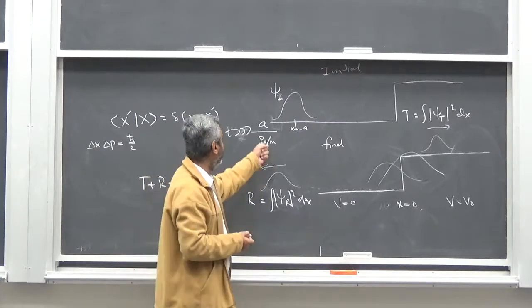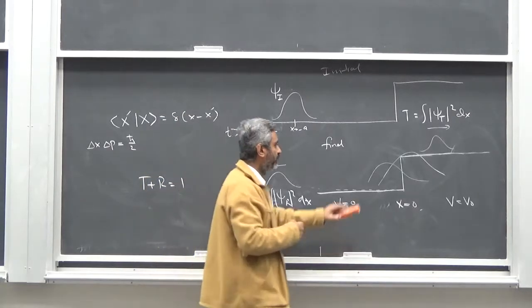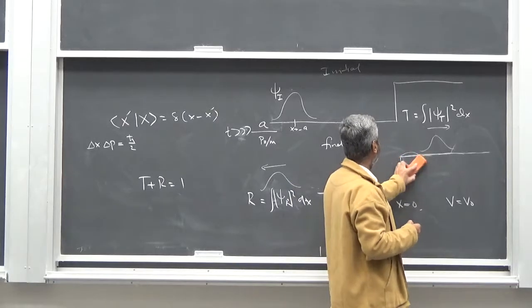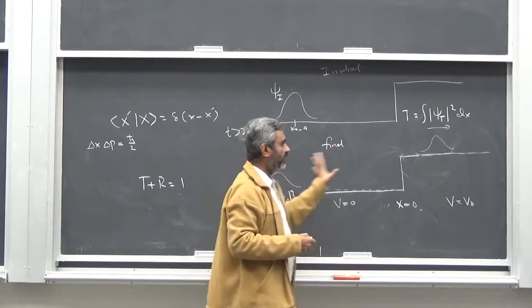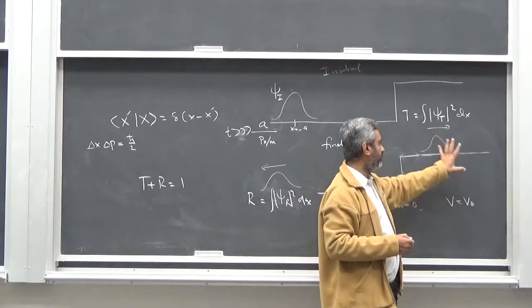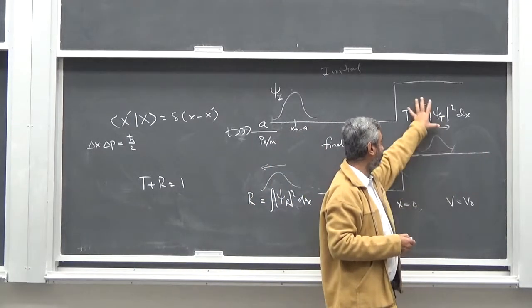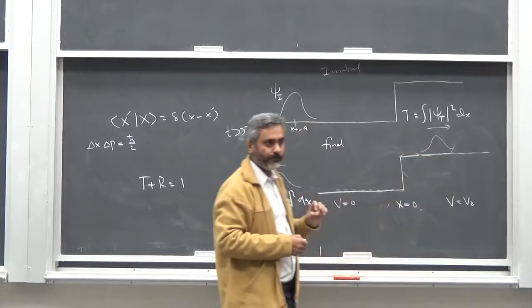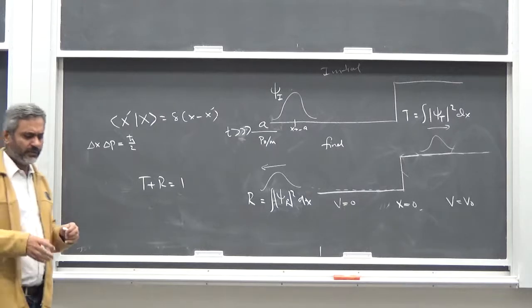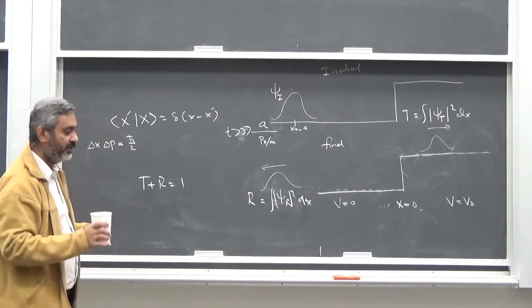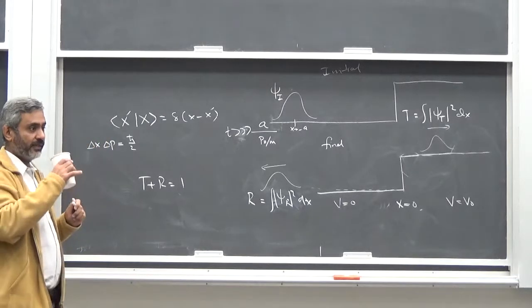So you have to wait for a very long time, let's say until 99.9% of the probability is on this side, and 99.9% of the other is on that side. Something like that. Again, this picture is not going to be as clean as it was in the classical picture.